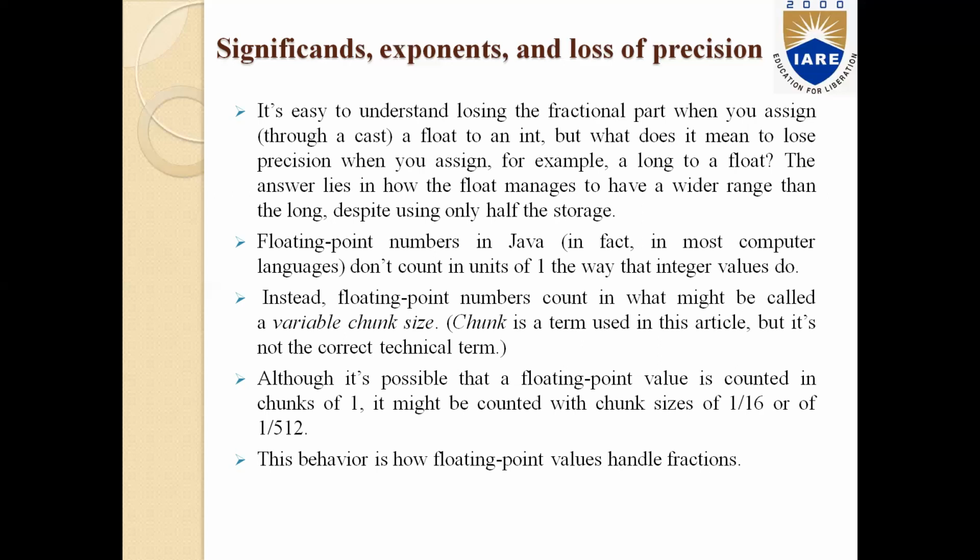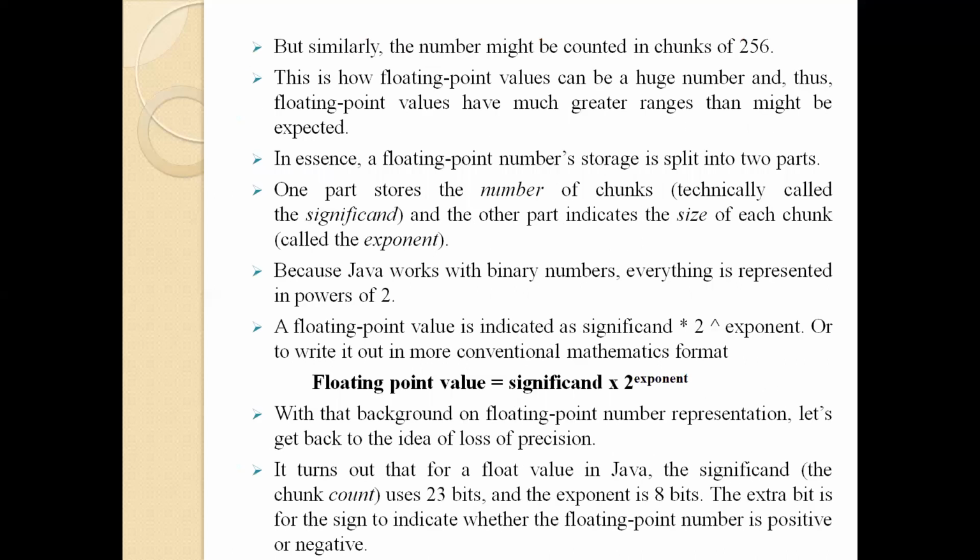Although it's possible that a floating point value is counted in units of 1, it might be counted with a size of 1/16 or of 1/512. This is how floating point values handle fractions. Similarly, the number might be counted in units of 256. This is how a floating point value can be a huge number, and thus floating point values have a much greater range than might be expected.